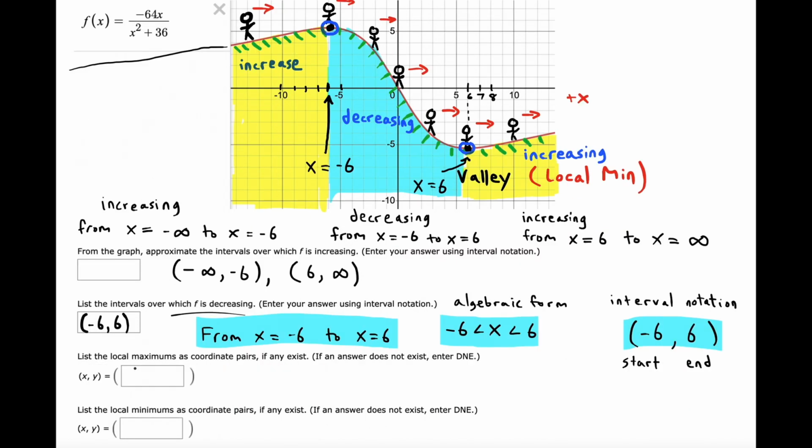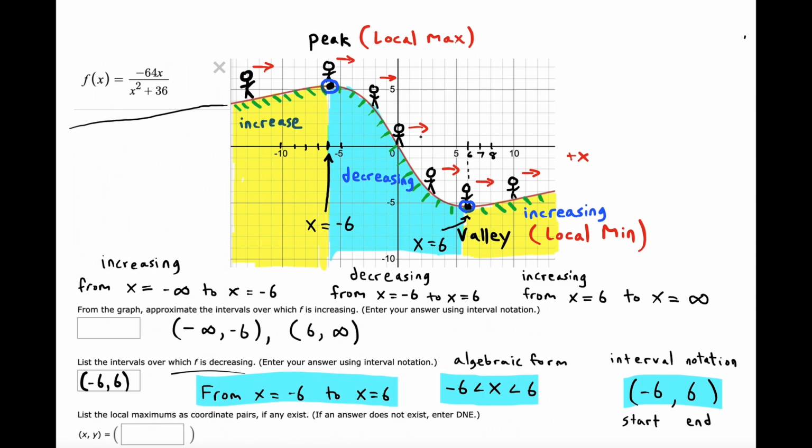The next question asks us to give the local maximums as coordinate pairs if they exist. I already determined that there was a peak or a local max, and so I just need the coordinates of that very highest point on the graph.